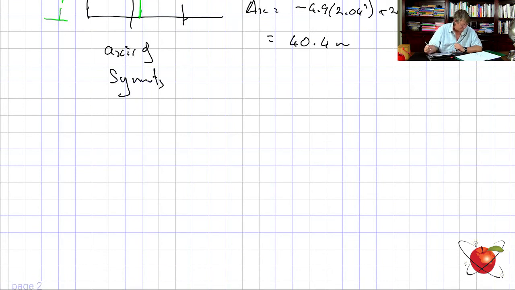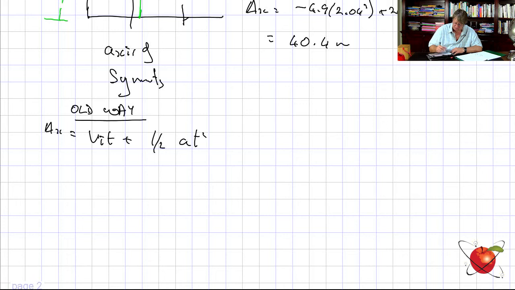Delta x. This is the old way, remember? Delta x is equal to ut plus a half at squared. Okay, v initial time plus a half at squared.